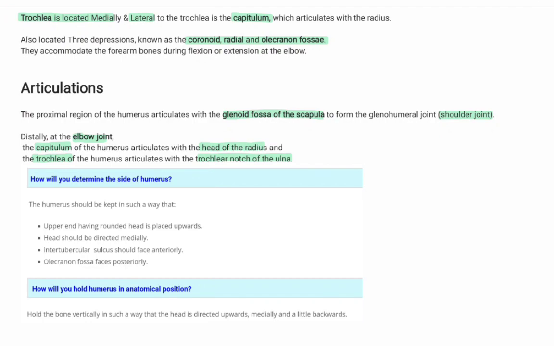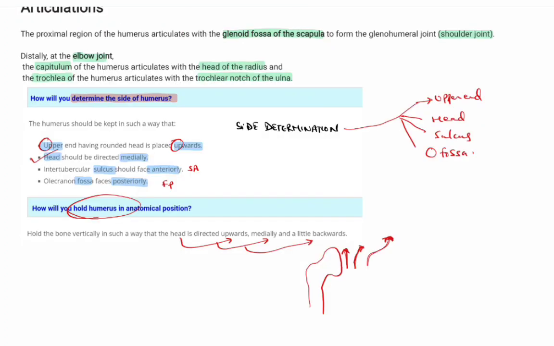Now, how will you determine the side of the humerus, which is a 2 marks question in the examination, the side determination of the humerus bone? So we will see 4 parts. The upper end upward, head is directed medially, intertubercular sulcus anteriorly, and fossa is posteriorly.